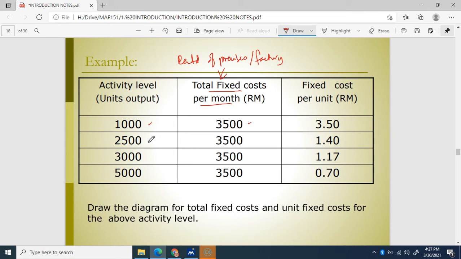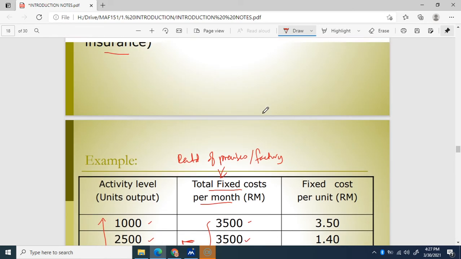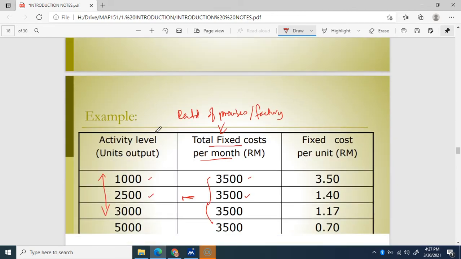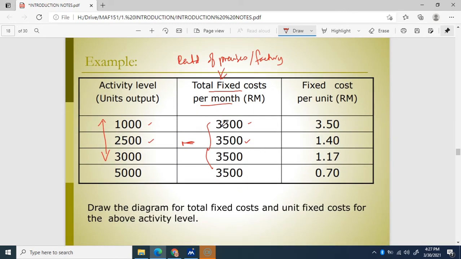If you produce 2,500, you also have to pay rental 3,500. So at any level of activity, increase or decrease, the cost remains constant. That's why we say it remains unchanged over a wide range of activity. So whether the activity increases or decreases, the total fixed cost will be the same. This is total fixed cost.